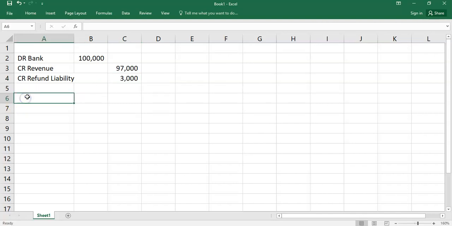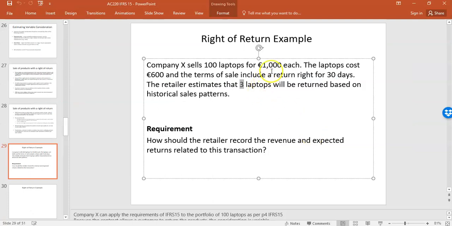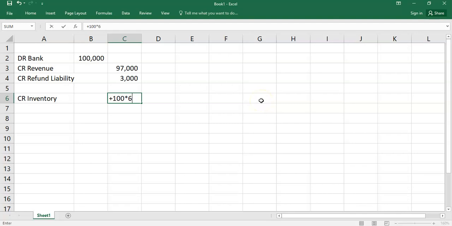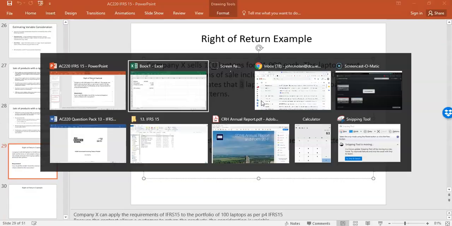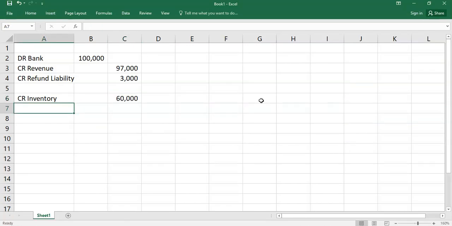You then credit inventory, just to show this side, and you take out all the laptops, which is 100 laptops times 600, 60,000. You will debit cost of sales 97 times 600.